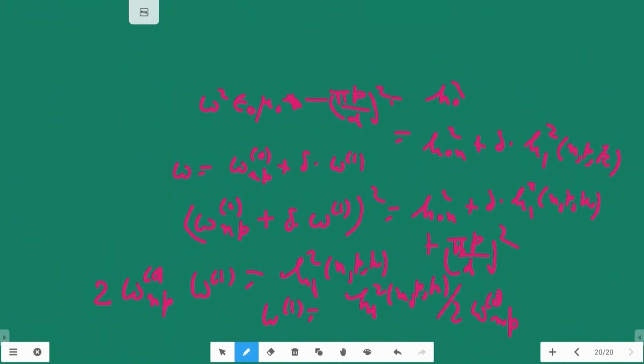So you get the possible shifts in the frequencies, and these shifts depend on n and p, the xy modes and the z modes of the unperturbed system, as well as the degeneracy number k. So for a given value of n and p, the frequency splits into Dn possible frequencies on application of the anisotropicity and inhomogeneity in the medium that fills the cavity. I think I will stop at this point. Thank you.